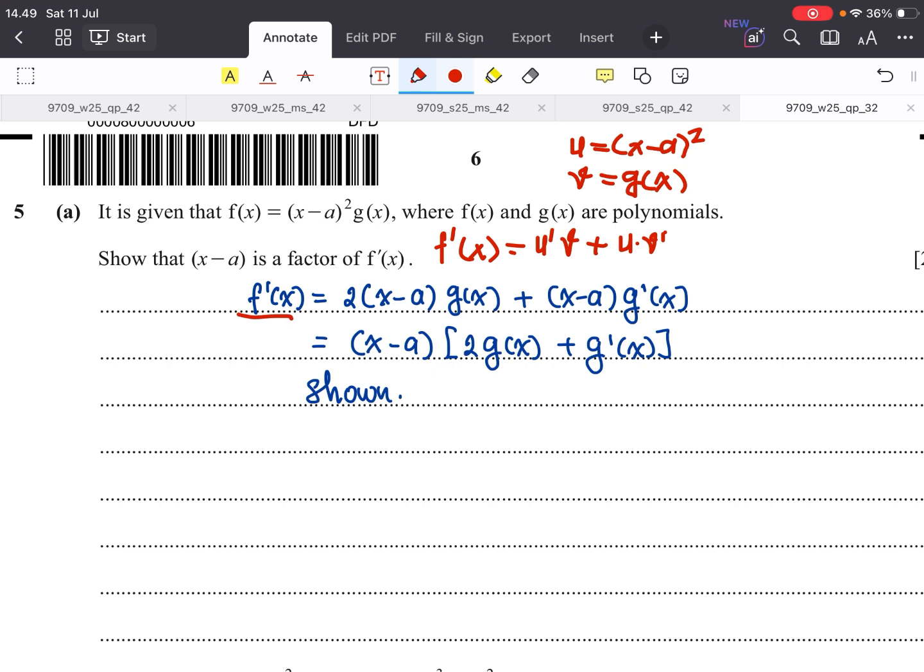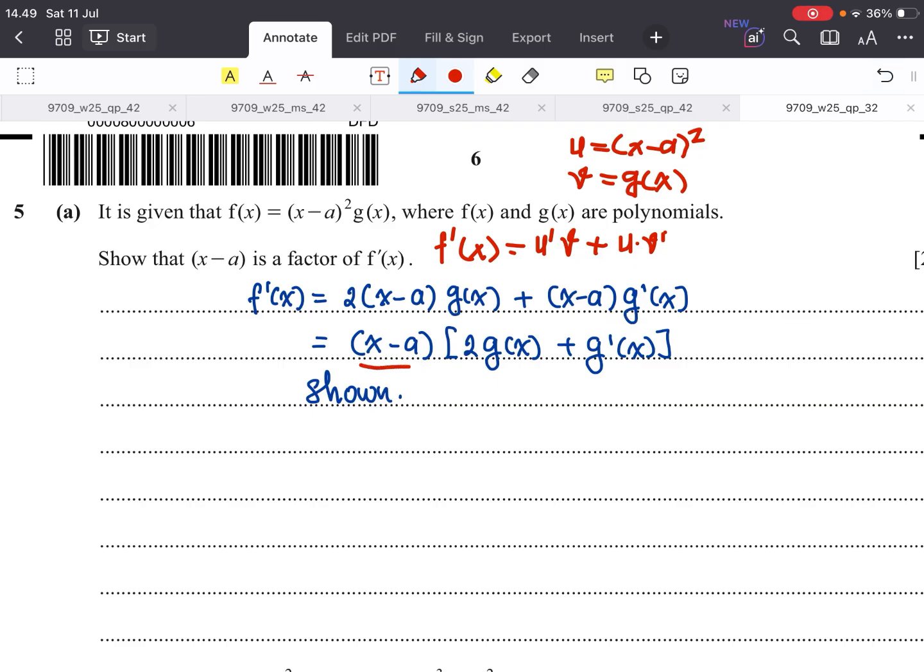So f prime x is u prime v plus u v prime. U prime is the derivative of (x minus a) squared. The answer is 2 times (x minus a), and then this is times v plus u times v prime. And then we can factorize this expression by pulling out x minus a, because both of them have x minus a.